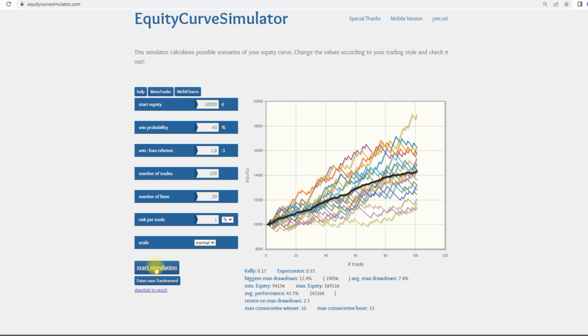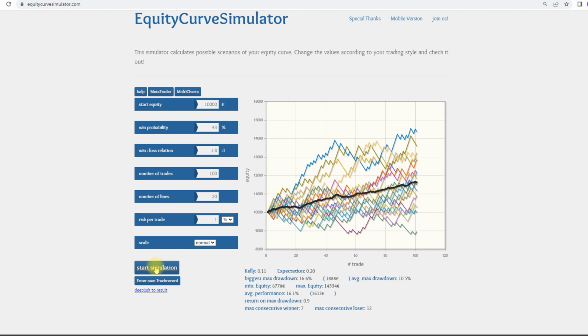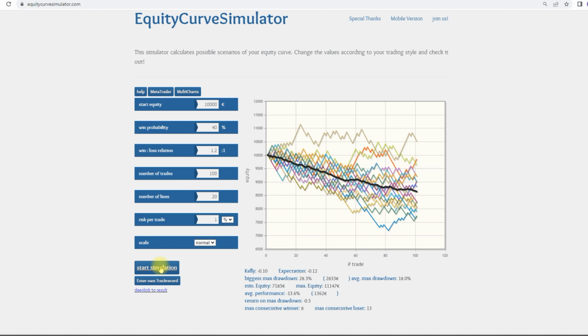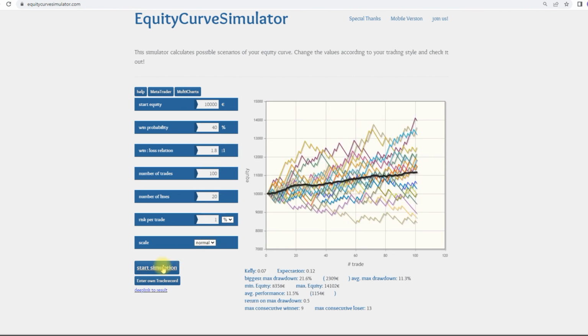So start simulation. And you see, the factors are not as good as before, but the curve is still profitable. Or if both factors are not good, it ends like this. So if you have a win probability of only 40%, of course your win-loss relation has to be a lot bigger than just 1.2. Let's put 1.8 for example. So we're profitable again.